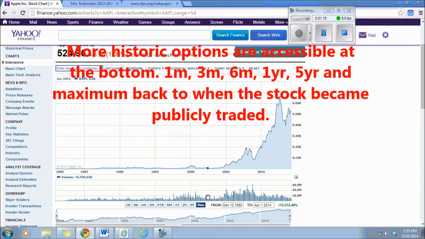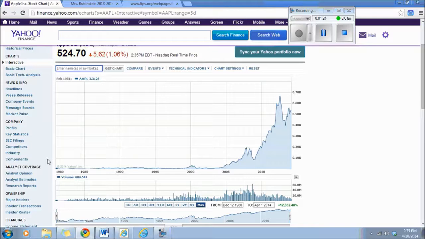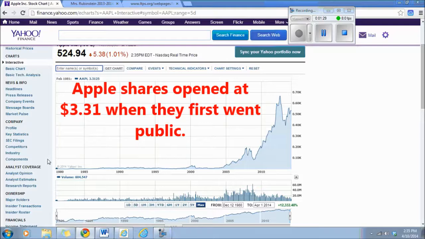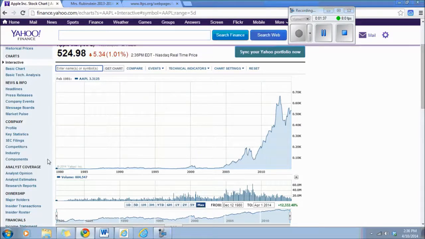If I click on there, I can see way back to 1980, the Apple Computer price per share was $3.31 per share. Pretty amazing that now it's $525 per share. Can you imagine if you purchased 100 shares of Apple back in 1980? A lot of us are kicking ourselves over that and very upset with ourselves that we didn't do that.